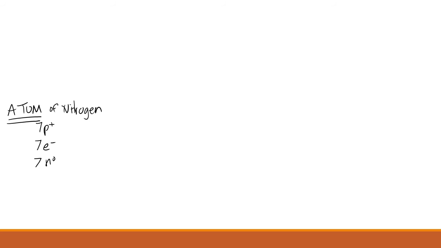If I change something though, if I change the neutrons, I will now have an isotope of nitrogen, and I'm going to have to be given extra information. So here for my isotope of nitrogen, I have N15.